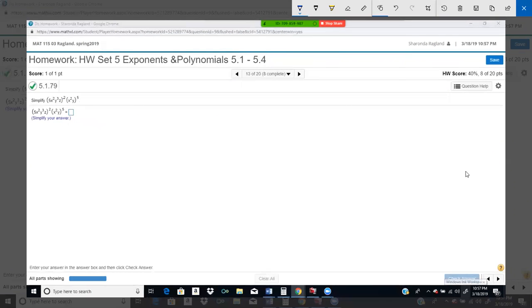Now, it may help you to write out, so that's 5 to the 1st power, x squared, y to the 3rd, z to the 1st, and that's all raised to the 2nd. And then times x to the 2nd, y to the 1st, raised to the 5th. So you're going to multiply the 2 by each of those exponents, and then multiply 5 by each of these exponents. So the base doesn't change.